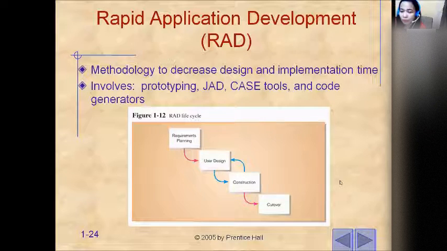So we can mix up the different methods. We do that, or they do that, to support the weaknesses of each methodology. For the RAD life cycle, we have requirements planning, user design, construction, and cutover. So this is rapid application development.